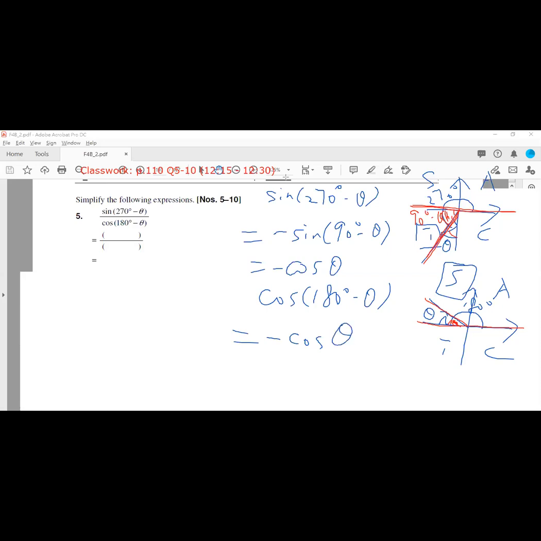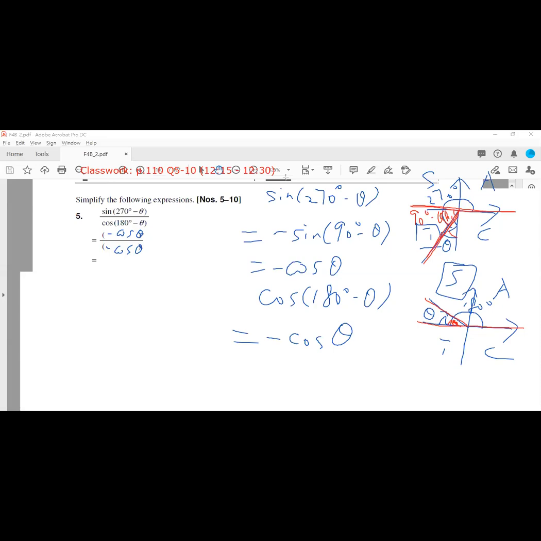Follow? So now we have successfully simplified the top part and the bottom part separately. Then we need to put them back together. Okay? So the top part becomes negative cosine theta. And the bottom part is also negative cosine theta.